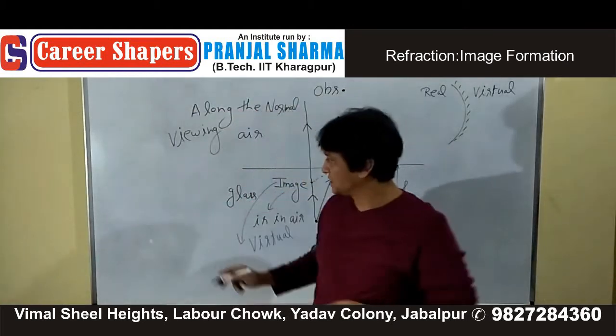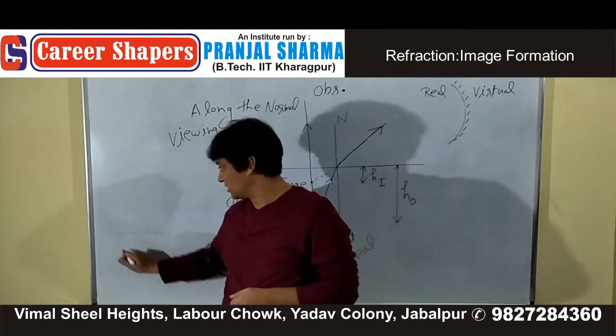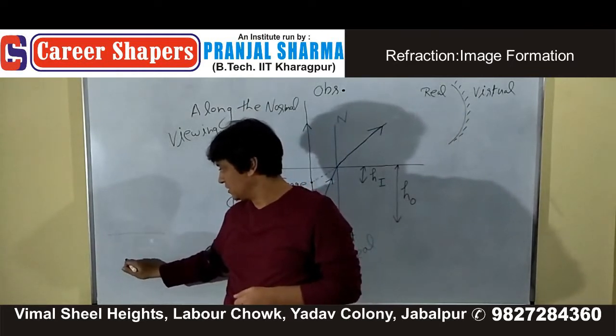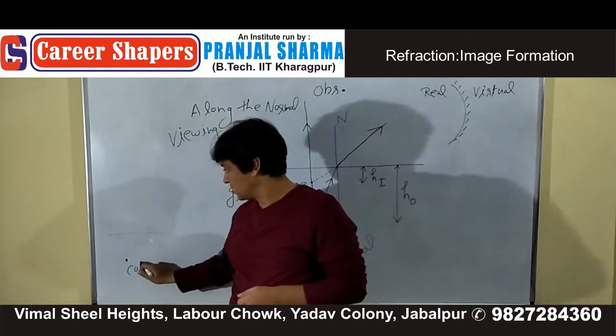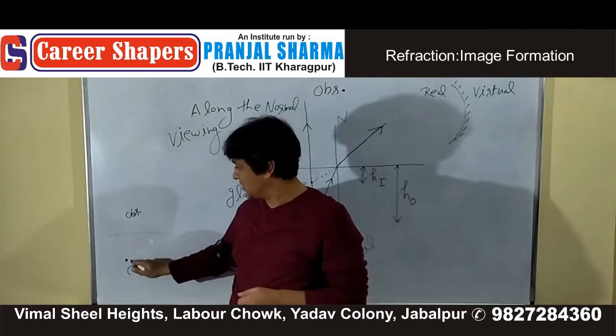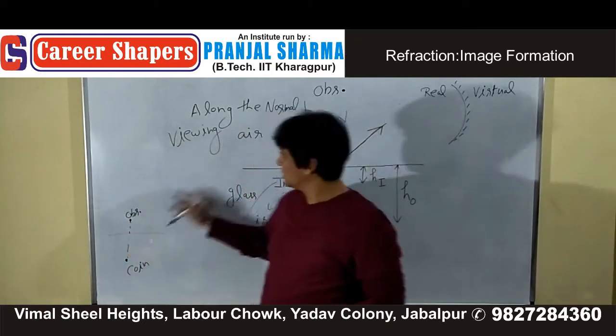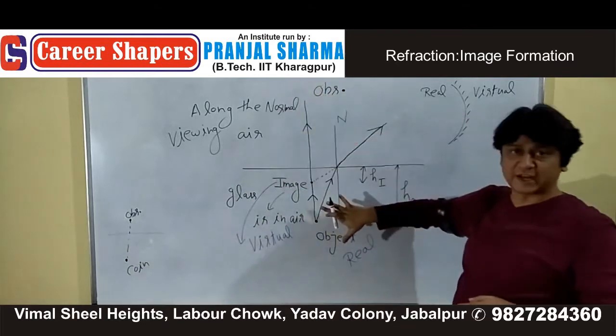Along the normal viewing means, suppose you have something here, let's say a coin. If you have an observer right above this coin, then this is the case we are investigating.